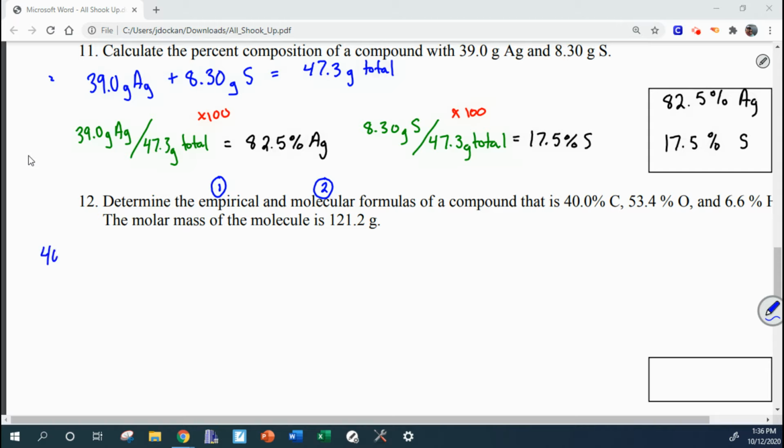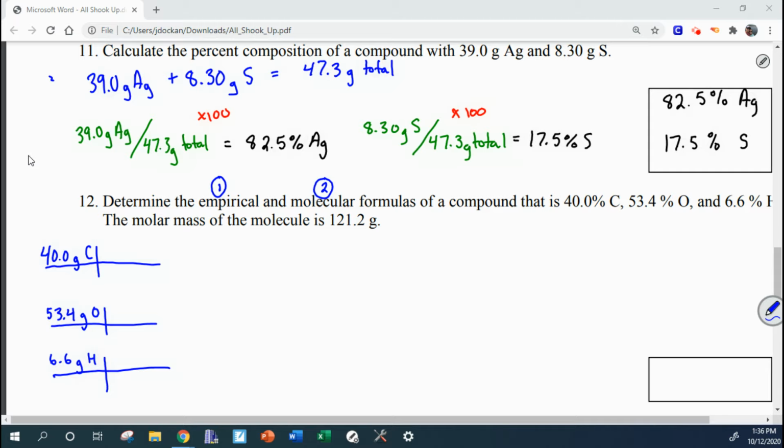First step, I'm going to turn my percentages into masses. 40.0 grams of carbon, 53.4 grams of oxygen, and 6.6 grams of hydrogen. Percent to mass. Step 1 is complete.